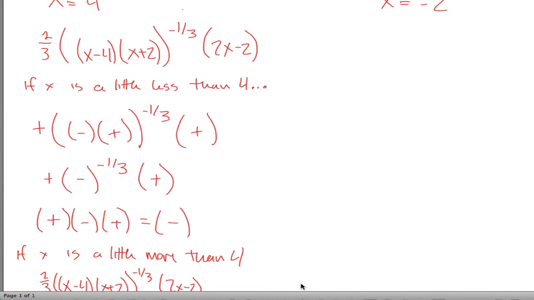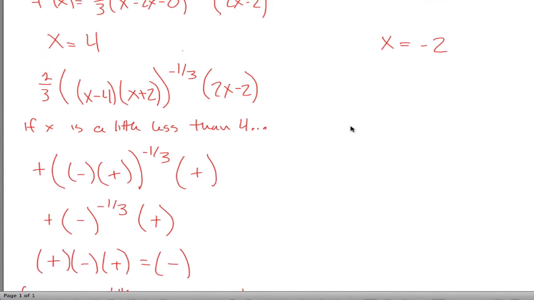If we go through that exact same analysis with negative 2, maybe I need to switch colors. Same derivative. If x is a little less than negative 2, so negative 2.1, something like that, 2/3 is still a positive number. Negative 2 minus 4 more is a negative number.